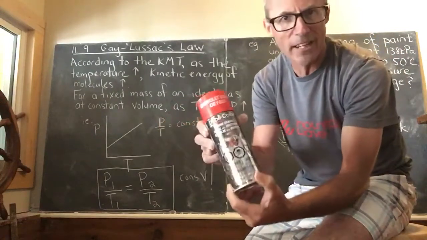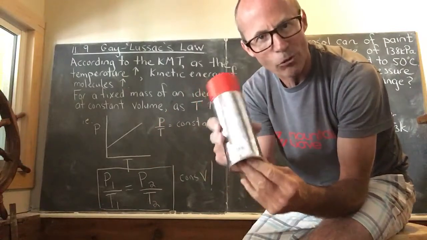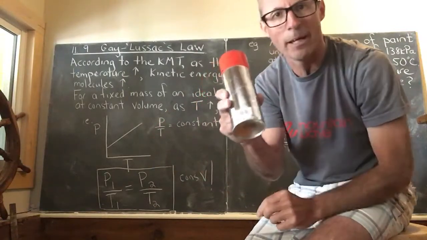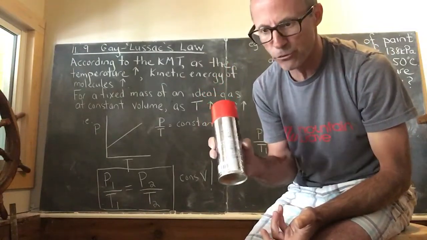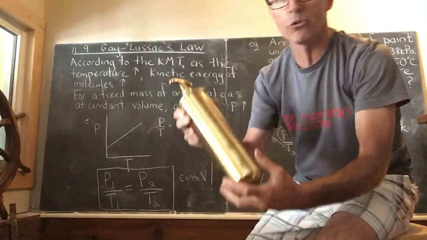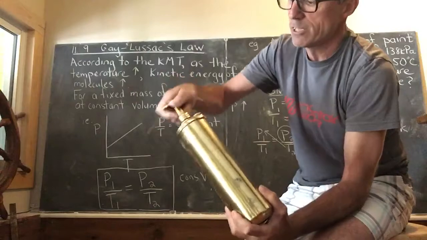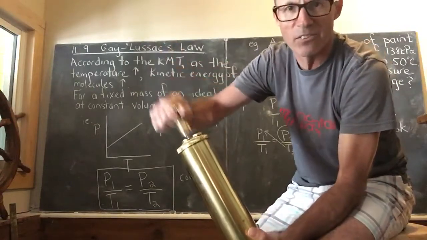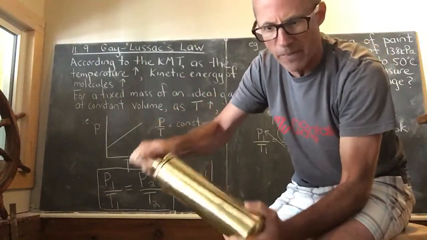If I heat this can up, no matter how little, technically its volume will change just a little bit. And the same goes for Boyle's law. When we use a syringe or a plunger, like I've already shown you, technically the temperature will change because of the friction inside. And of course, a piston in an engine is a good example of that.